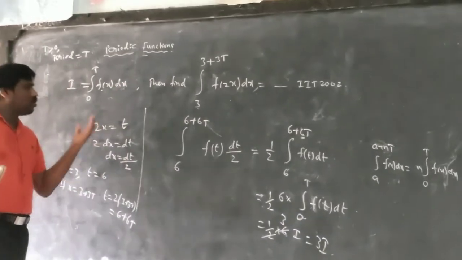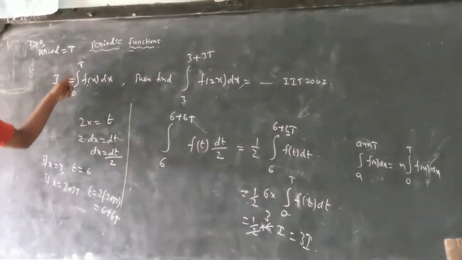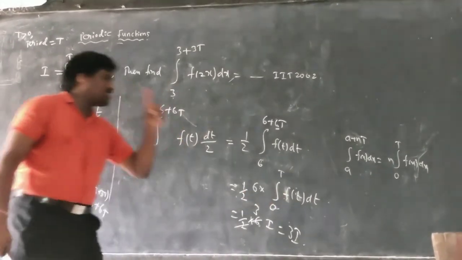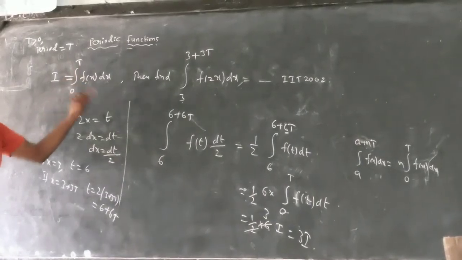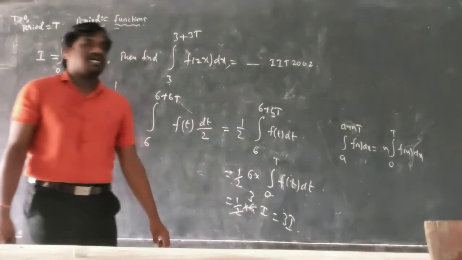Already it is given that the integral from 0 to T of f(x) dx is I. So this is f(t) dt by the first property, also I, so it is cancelled. 3I is the answer. Hope you understand.